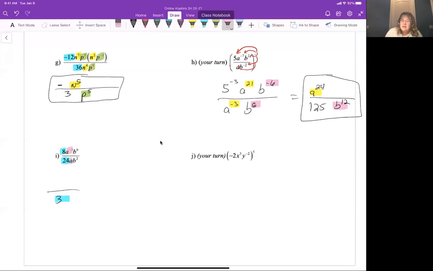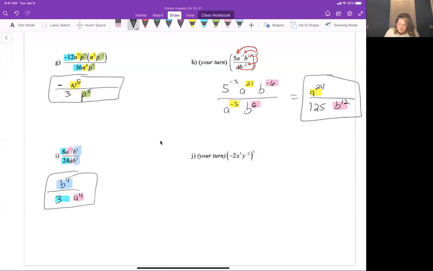Now I have a to the negative 4. And so to make that a positive exponent, I have to have it a to the 4th on the bottom. Then I have b to the 6th over b squared. So 6 minus 2 is 4. And so I will have b to the 4th.